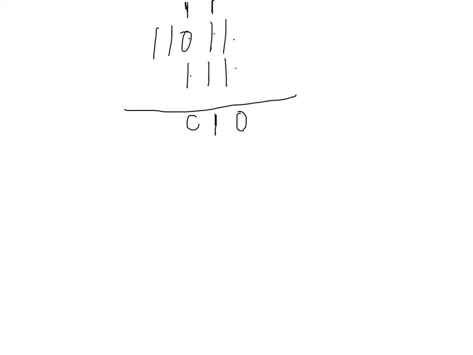So 0 goes here, and again 1 goes here. Now 1 plus 1 again is going to be 2, which is 10, so 0 goes here, and 1 goes here. Again, 1 plus 1 is 2 in decimal, which is 10 in binary, so 0 goes here and 1 comes here.